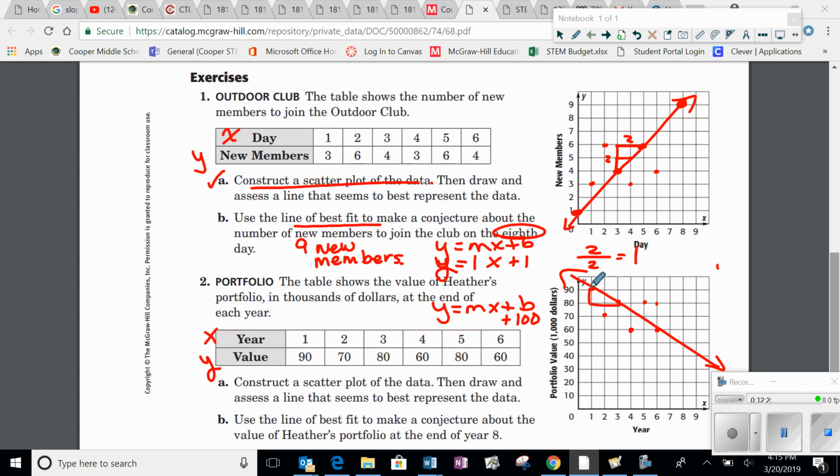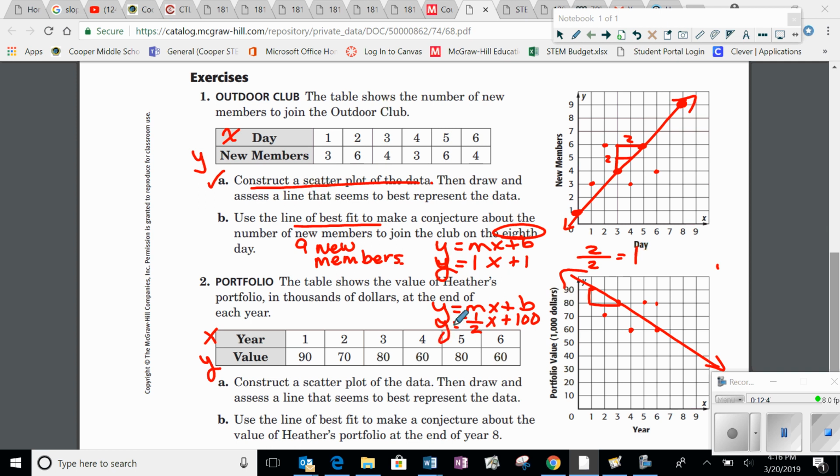I used 2 points just because they were on the line. I should still be able to go down 1 and over 2, down 1 and over 2. So the line might not be quite straight, but it looks like the slope might be negative 1/2. And then I bring down my x and my y.